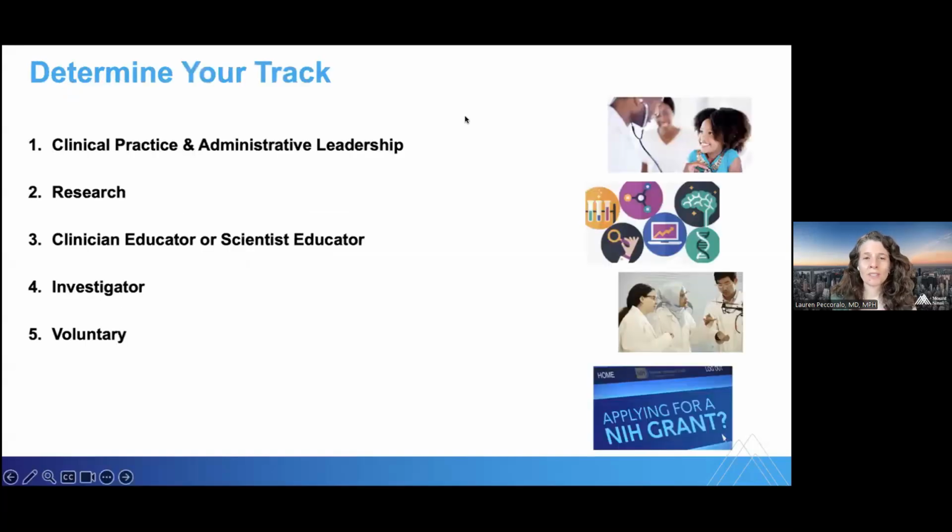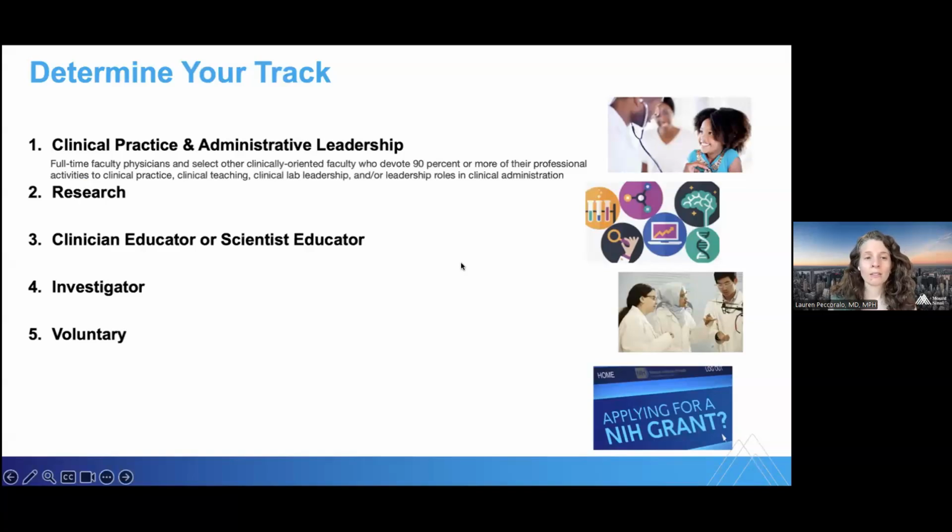All right, so the first thing is to determine your track. I am not going to go into a huge amount of detail, but I did put a tiny bit of detail on the slide so that you can get a sense of where you might be in terms of track. The clinical practice and administrative leadership track is generally full-time faculty positions and select other clinically oriented faculty.